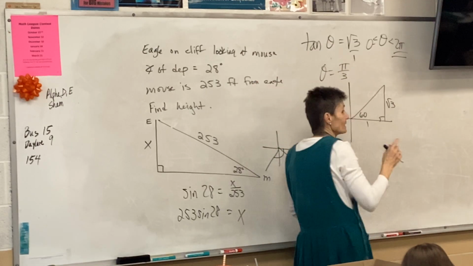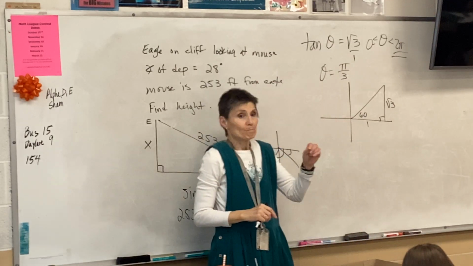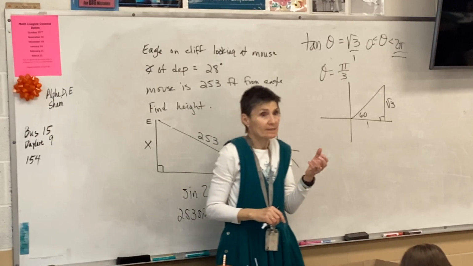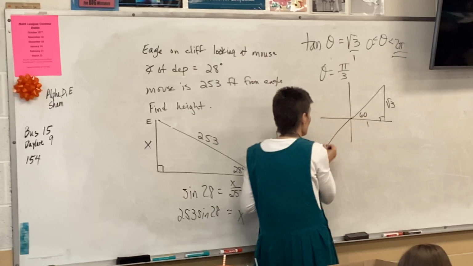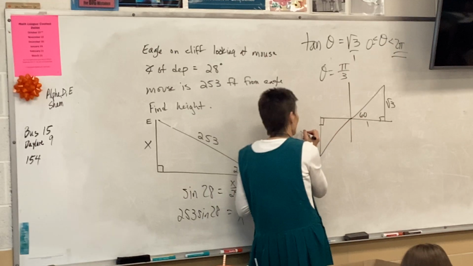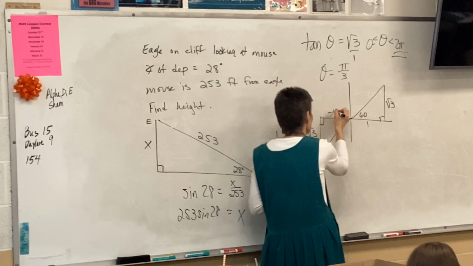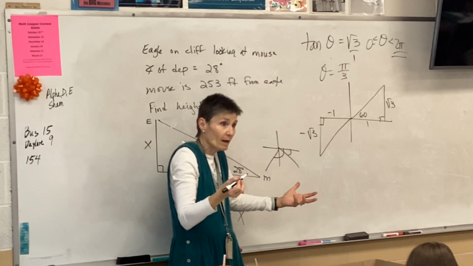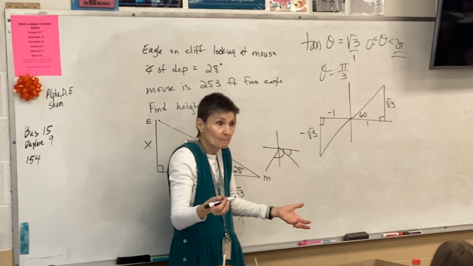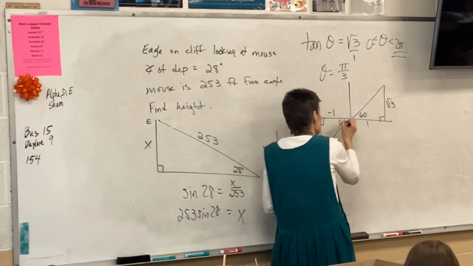Now, why did I say one answer? Because there's another place. Quadrant where? Quadrant 3, because they're both negative. So when you do your tangent, you end up positive. This is still a 60.